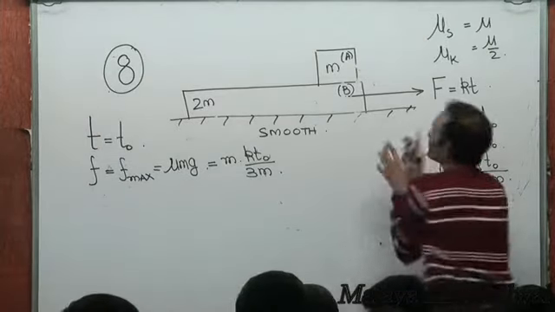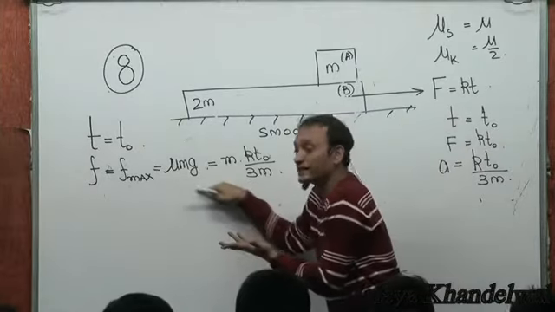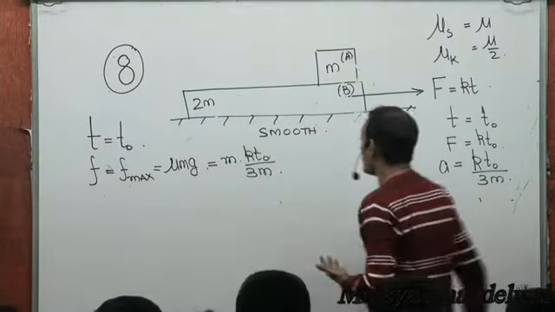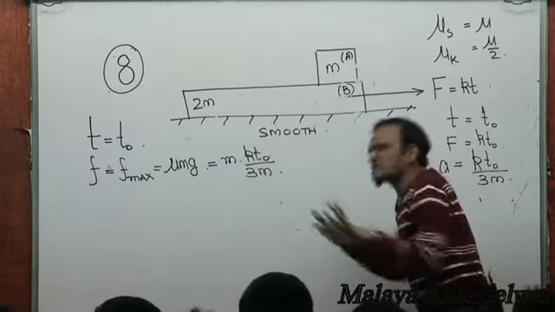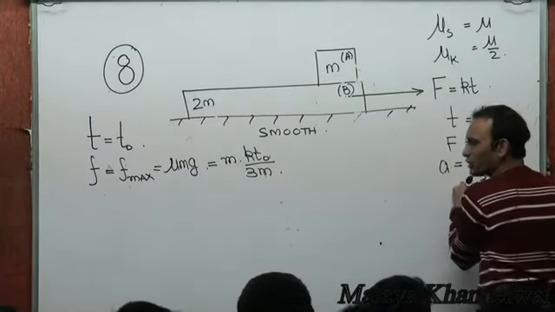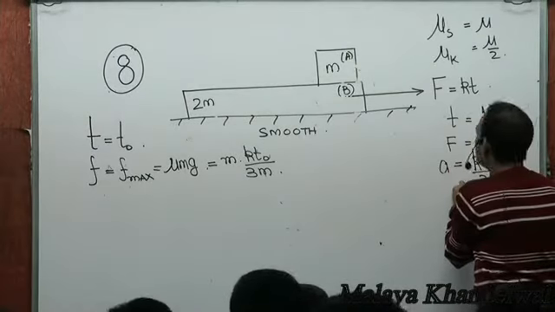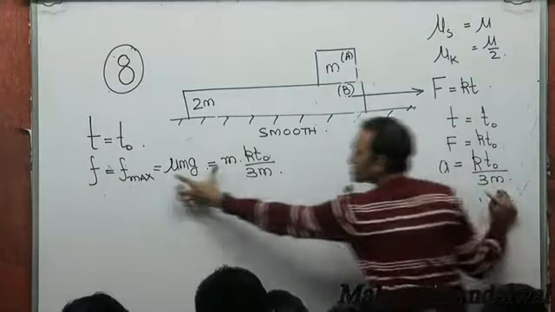At t equal to t naught, A is on the verge of sliding over B. That means friction would have reached its maximum static value mu mg, right? Now at t equal to t naught, they are still precariously moving with a common acceleration. What is their common acceleration? Kt naught by total mass 3m. And who provides A this acceleration? Frictional force.